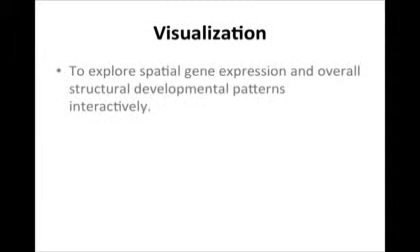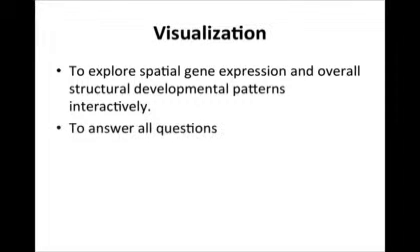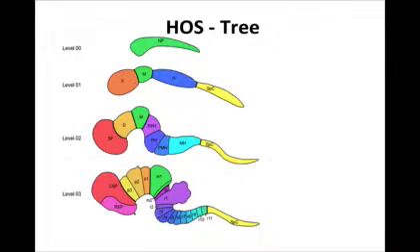Visualization. The purpose of visualization is to explore spatial gene expression and overall structural development patterns interactively, and to answer all questions. HouseTree. The HouseTree is constructed based on the hierarchical development levels.